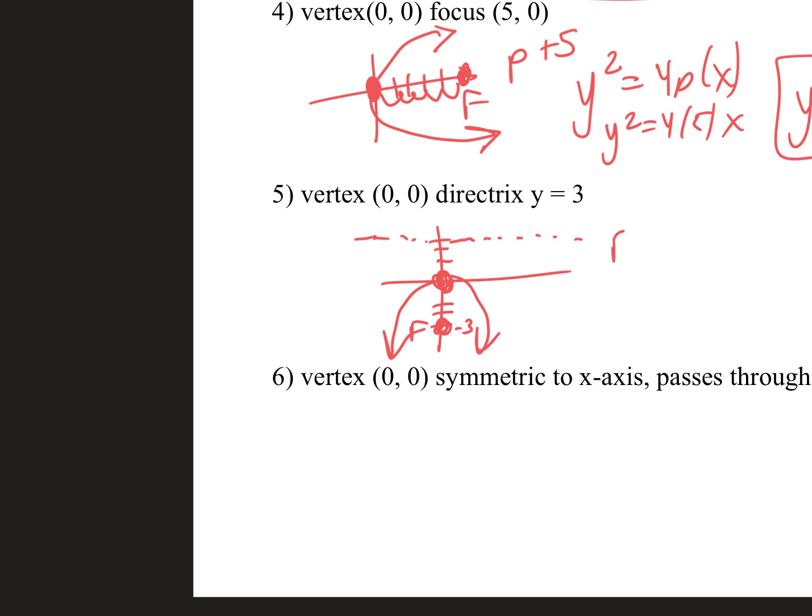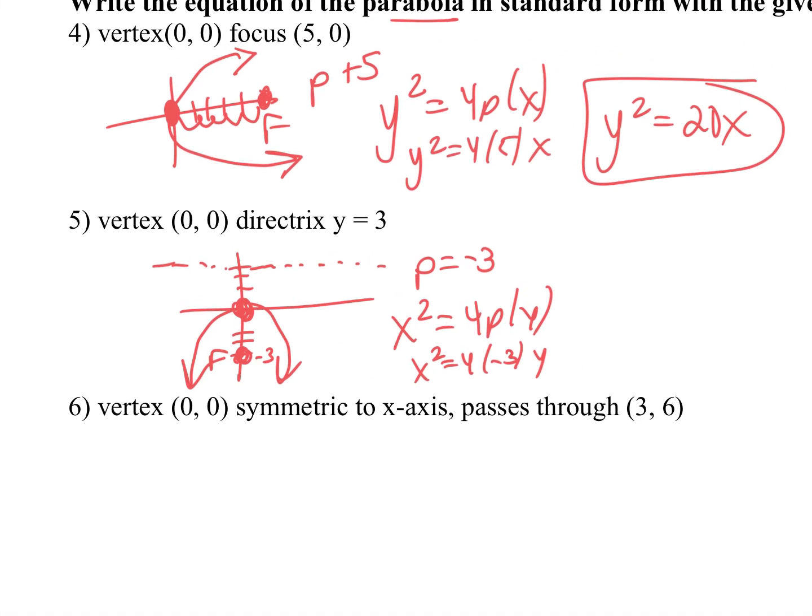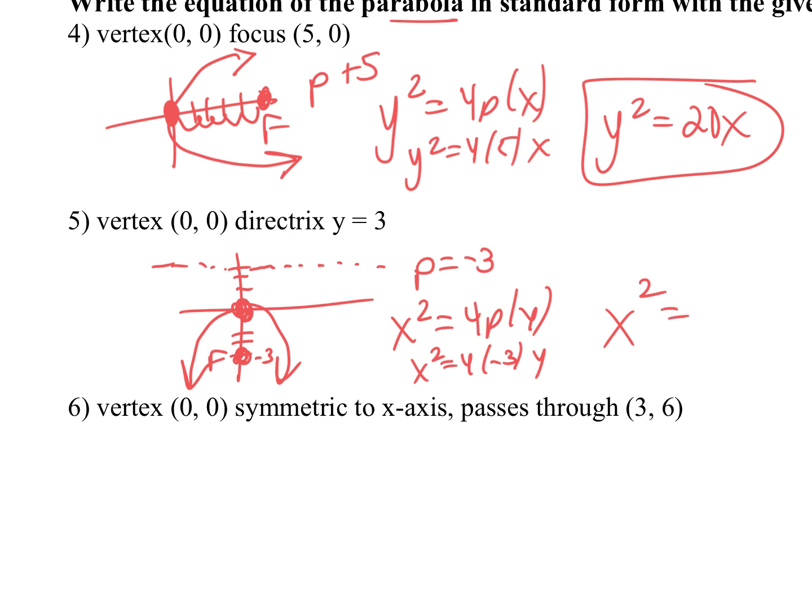So what is the distance from the vertex to the focus? It's negative 3. I know this is an x squared because we're opening up and down. So I have x squared equals 4 times negative 3 times y. So the equation of this parabola is x squared equals negative 12 times y.